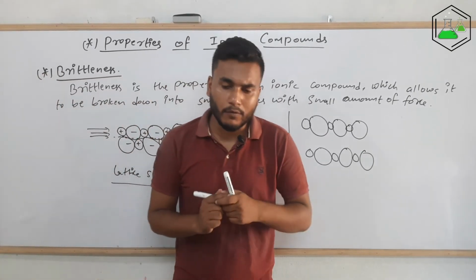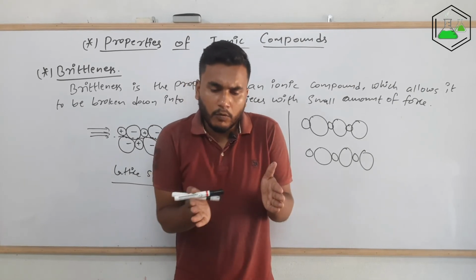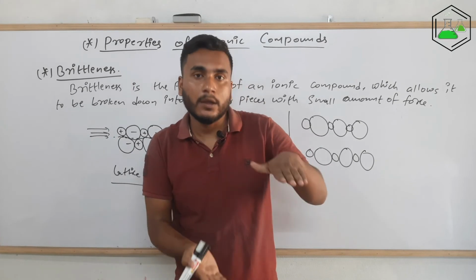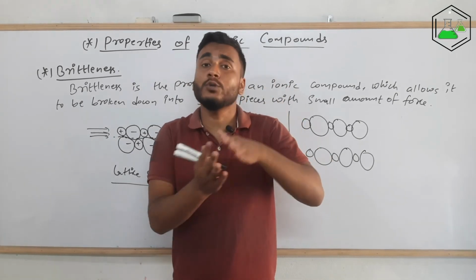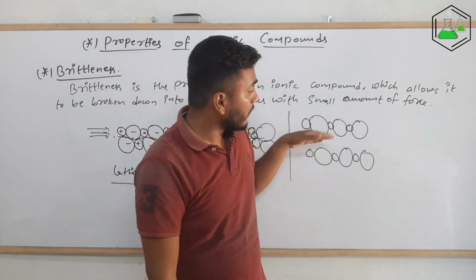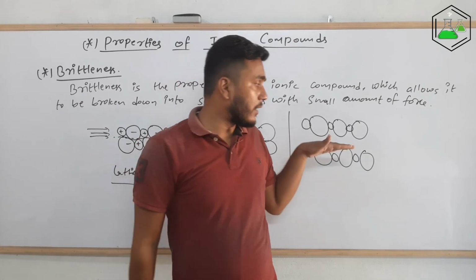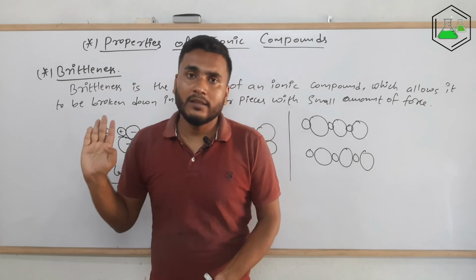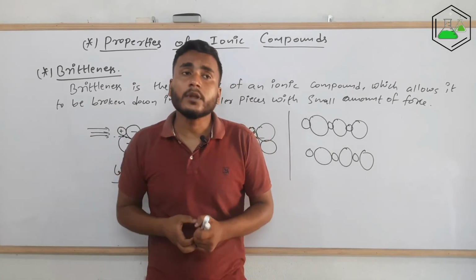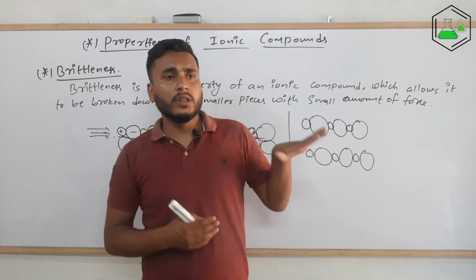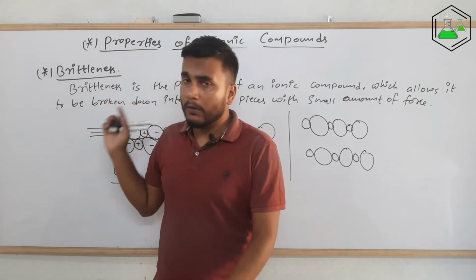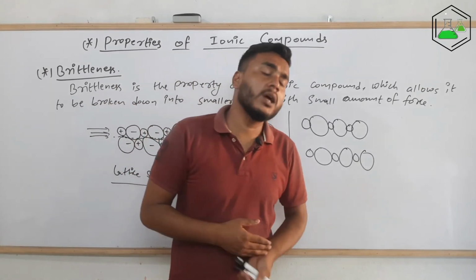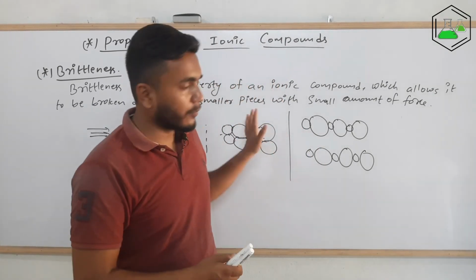We have to apply force on some layer. They will move a little bit and there will be a force of repulsion between the ions because like charges come together, and as a result of that the force of attraction between them breaks down and they will be separated. Now this is the property brittleness. So by brittleness property we can break down the given ionic compound into small pieces by applying some force or by hitting with a hammer. So this is a very important property as well.